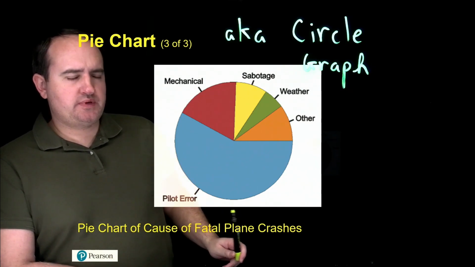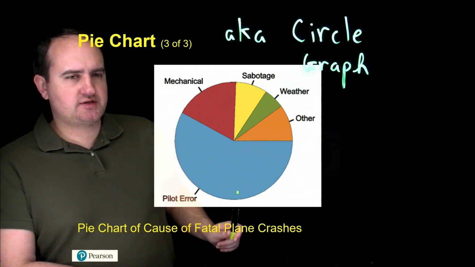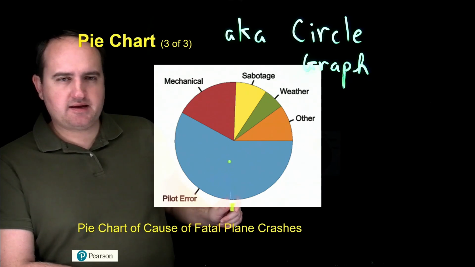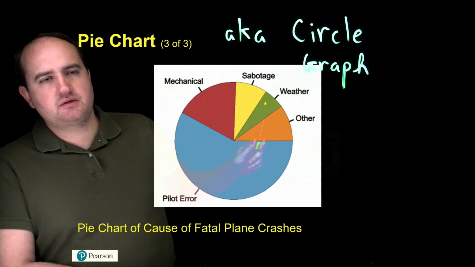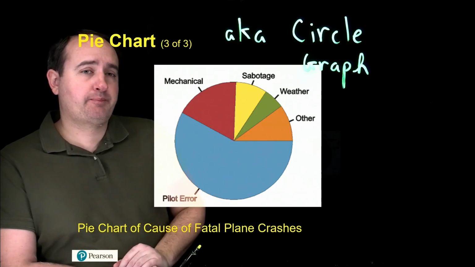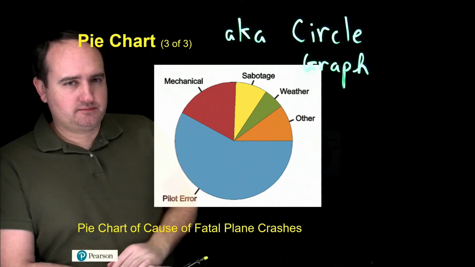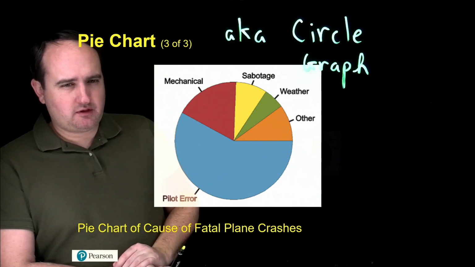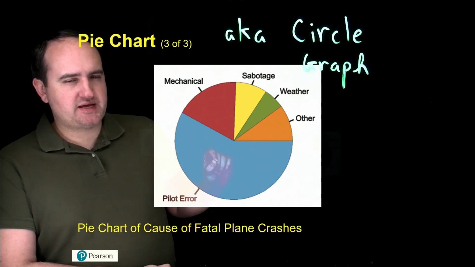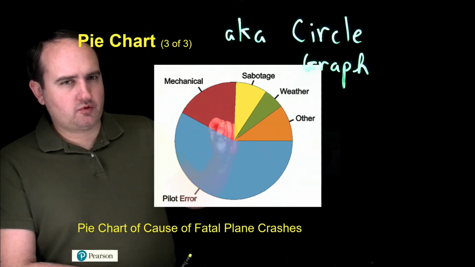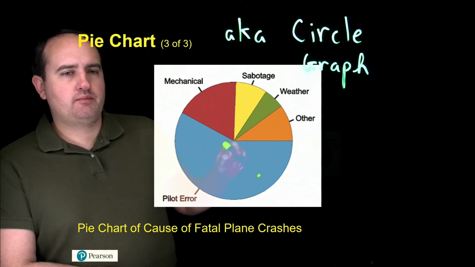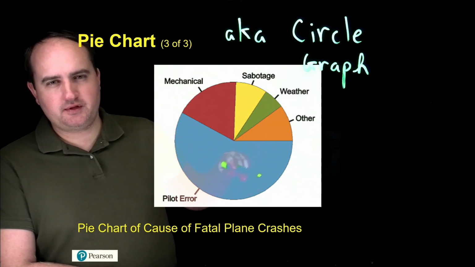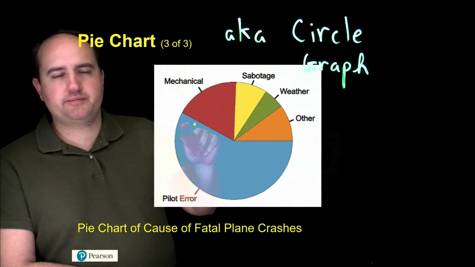And this pie chart would be more useful if they would actually have some sort of percentage, or at least indicate the frequency for each of these slices of the pie. But they haven't done that here. So if they don't provide you with percentages or numbers, you're just stuck looking at, well, we can see that pilot error is definitely the biggest slice. That's more than half of the pie.